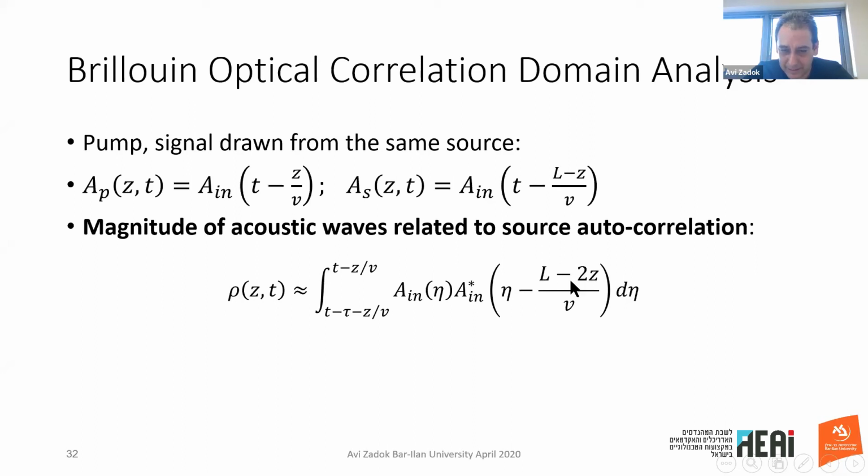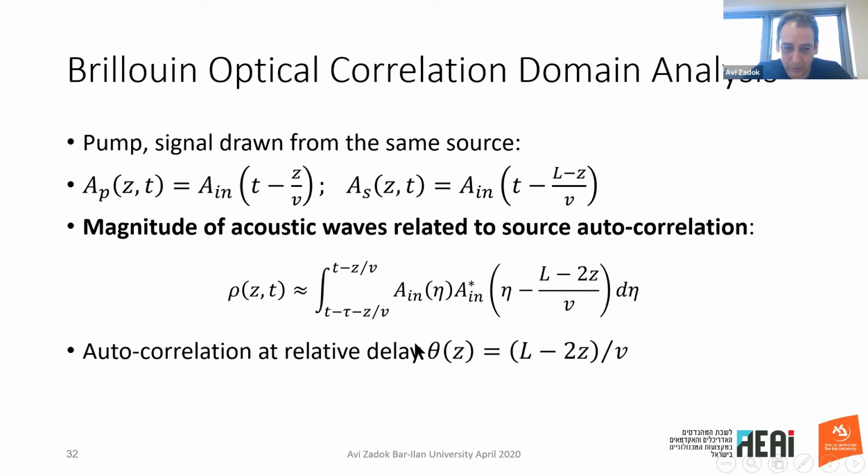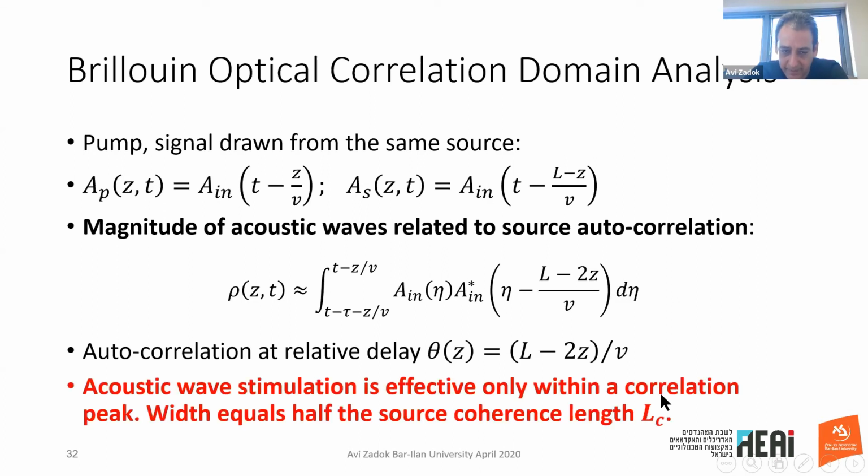However, if this time lag here is longer than the correlation length, then the acoustic wave will be inhibited. So we can define a relative delay, L minus 2z over the group velocity of light, and this is the argument of the correlation here. And the acoustic wave stimulation is effective only within a correlation peak, which measures like the correlation length of our source.